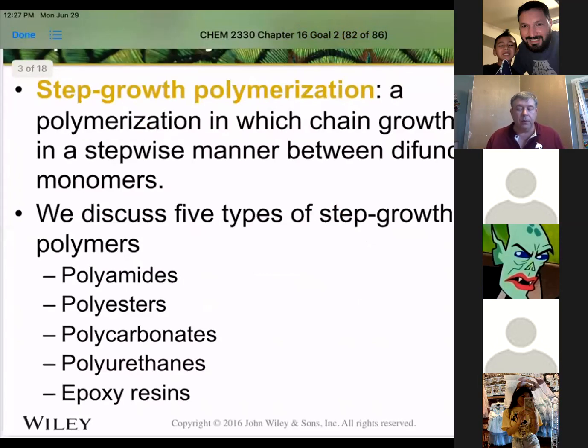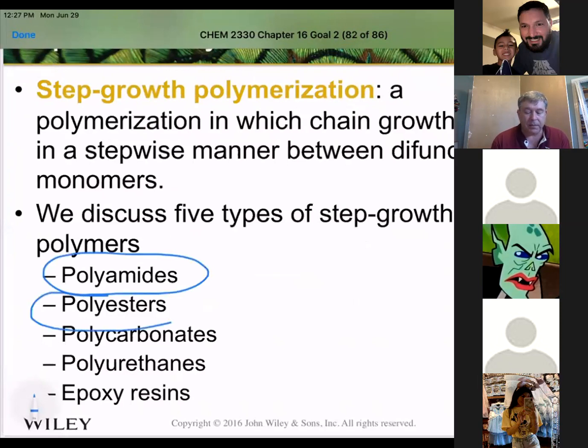Okay, so the more common ones of these, you'll see that the names are based on the functional group made during the reaction. If we look at what we call amides, when we have a carboxylic acid and an amine react, we have an amide. When we have a carboxylic acid and an alcohol react, we have a polyester. We have a special kind of carboxylic acid derivative here called a polycarbonate.